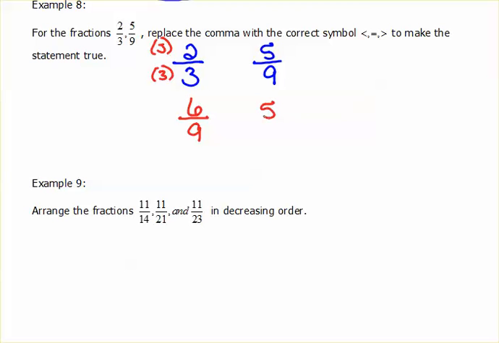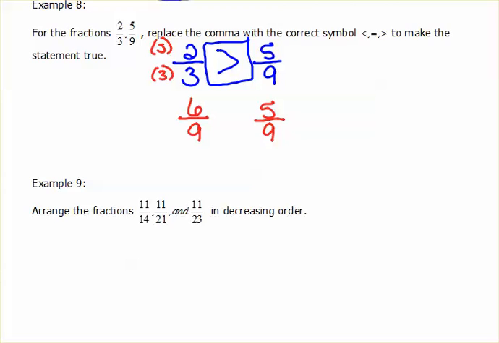So now I'm comparing 6/9 versus 5/9. And because the pieces are the same size now, the pie is cut into exactly the same number of slices. Would we have more if we had 6 of those or 5 of those? Well, 6 would definitely be the larger, right? So 2/3 is larger than 5/9. So if you can get them to be the same denominator, then you can compare the numerators.